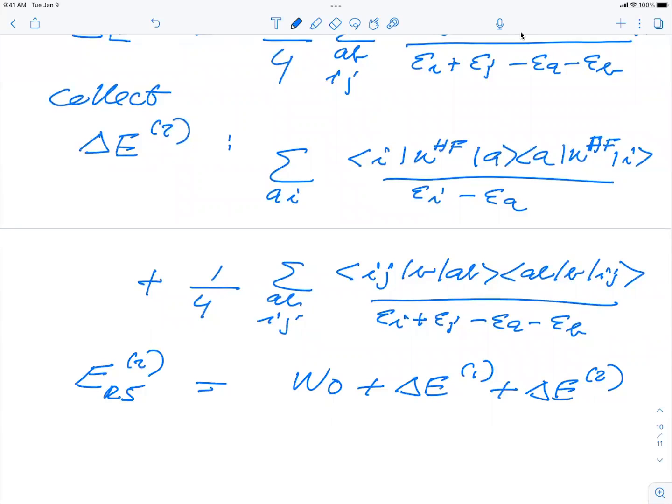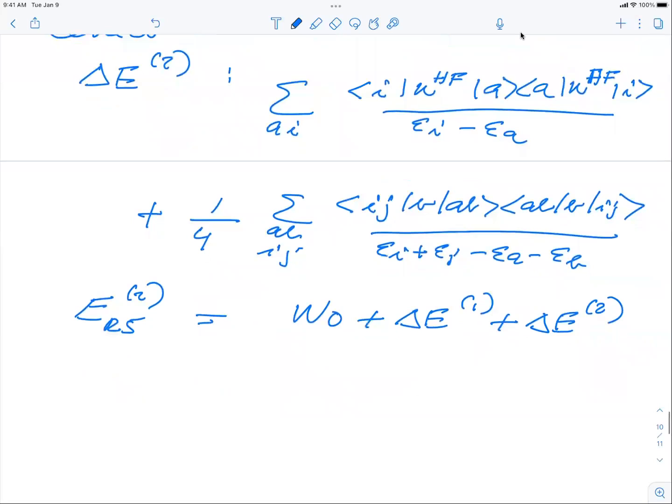Okay. So this is now the approximation I've made to perturbation theory. So this is my energy. My correlated energy contains now delta E2 plus delta E1.